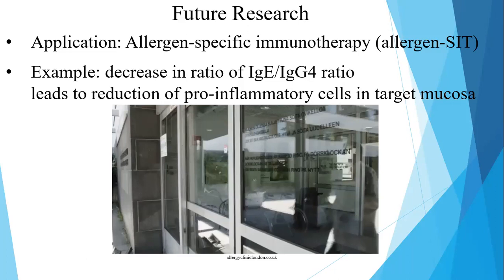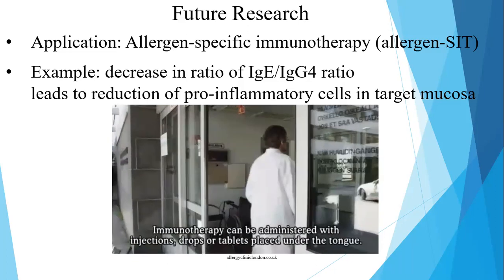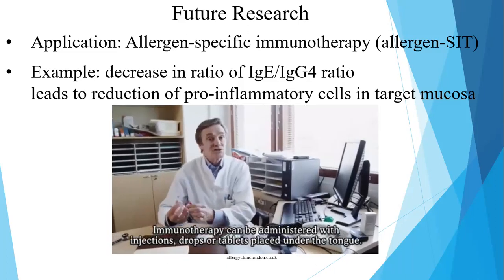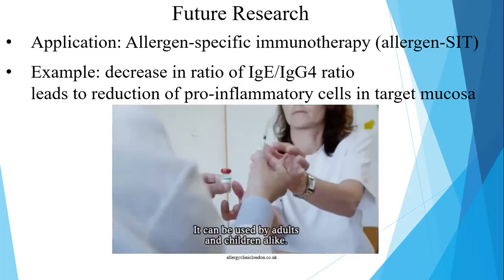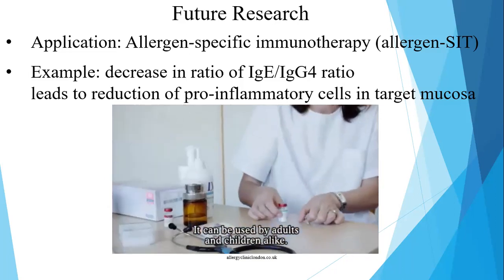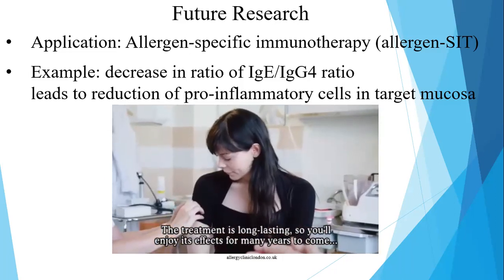And so, for example, you can use cockroach proteins to perhaps decrease the ratio of immunoglobulin E to immunoglobulin G4, and that may reduce inflammation of cells in target mucosa, so mucus linings in the nose. And so this would be a very interesting and sort of revolutionary form of research, because quite a few people are sensitized to cockroach allergens, especially in the inner cities.